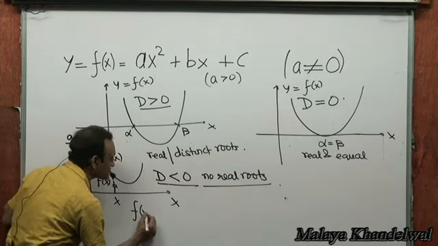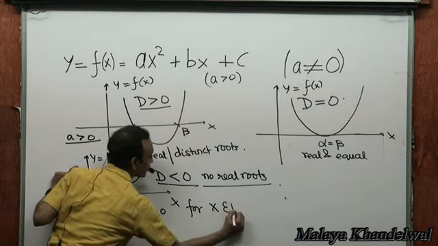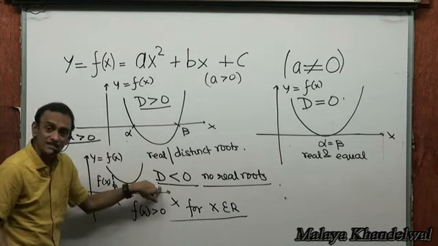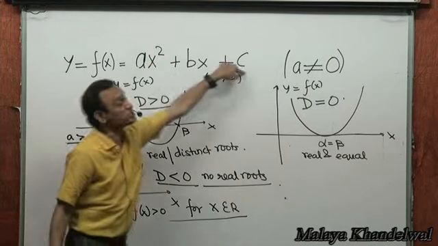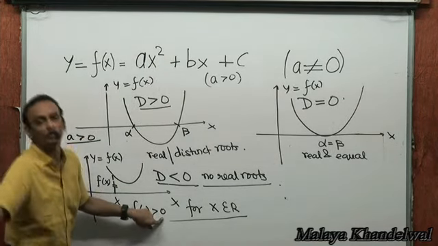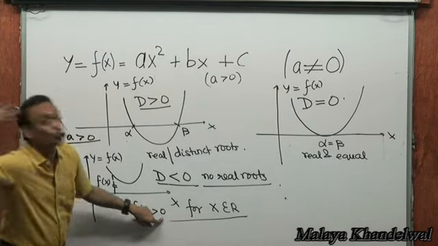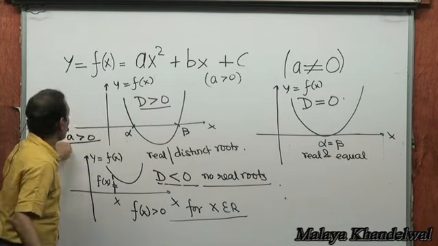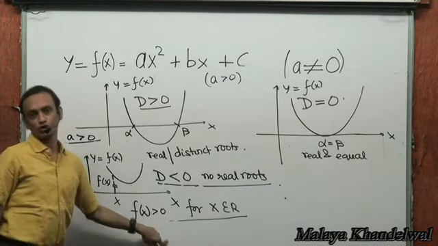In this case, f(x) is greater than 0 for all real x. So if D is less than 0 and a is greater than 0, then the quadratic expression will maintain the same sign for all real x. If a quadratic expression has no real roots, and if a is greater than 0, then the quadratic expression will be positive for all real x.